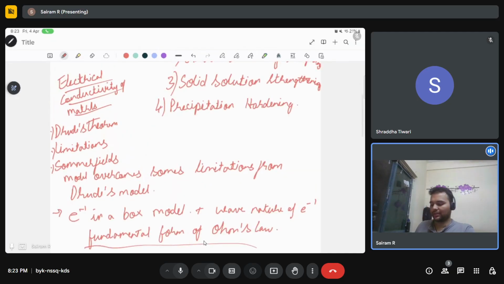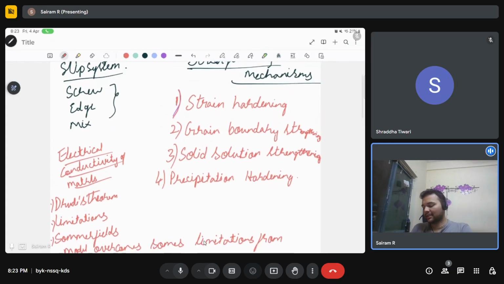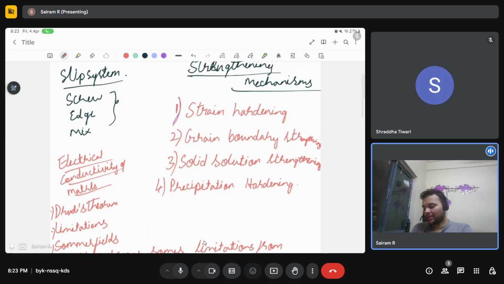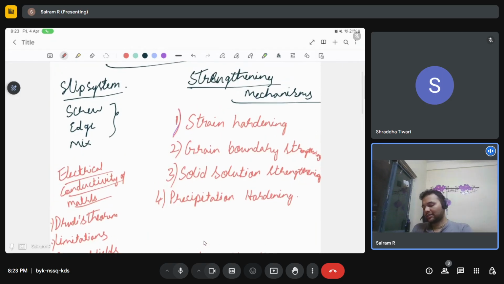We saw all these things in this week's class, and we will get started with the strengthening mechanisms.